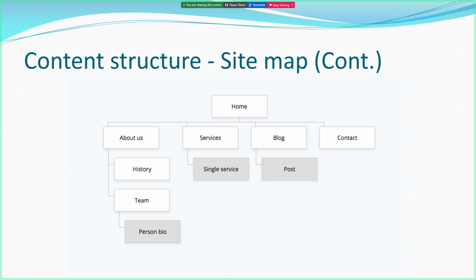So you're going to have the home page, which is where people land, and then you're going to have information about the company, what they provide, any sort of communications they want to provide through the site, and generic contact details to contact the business.